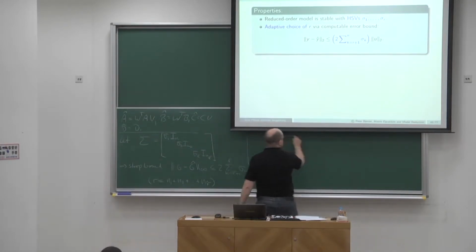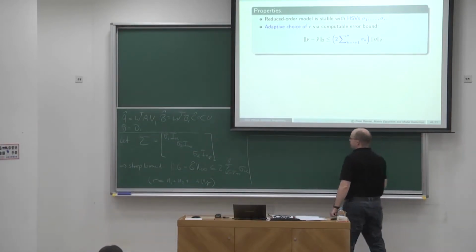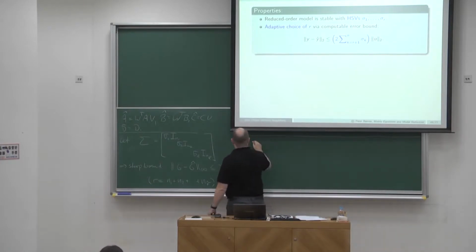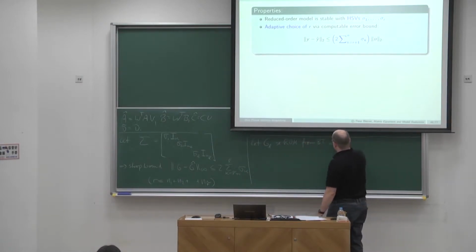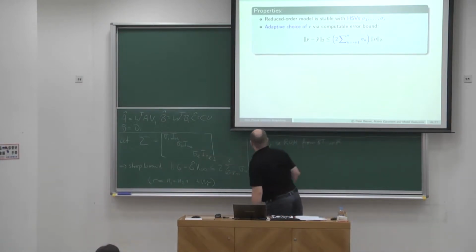So there's two steps of the proof. The first part is let G_L be the reduced order model from BT with sigma L discarded.